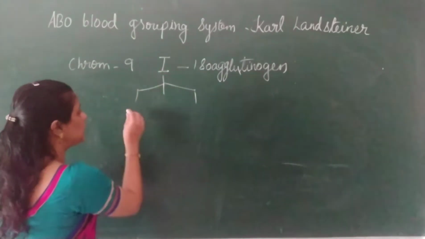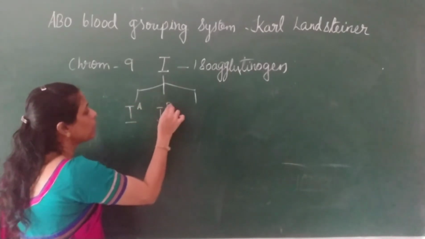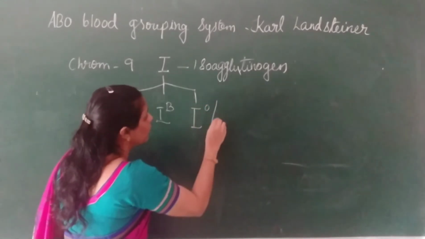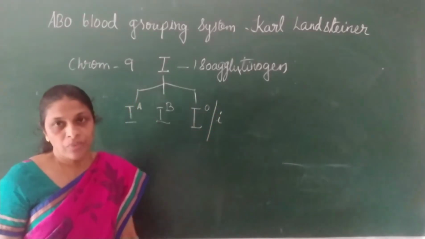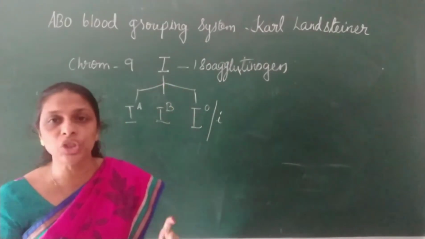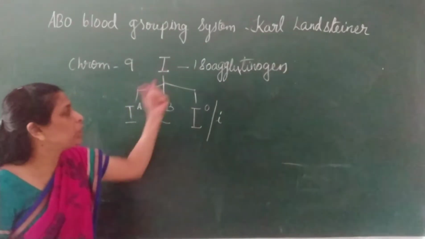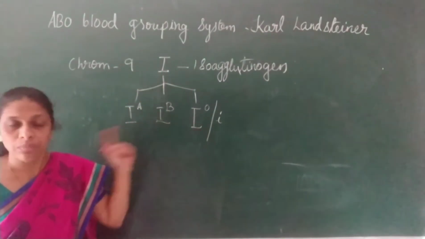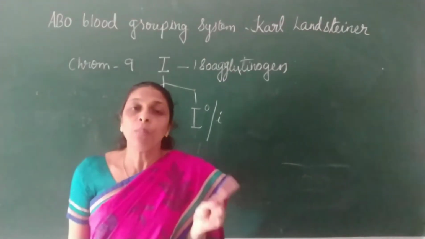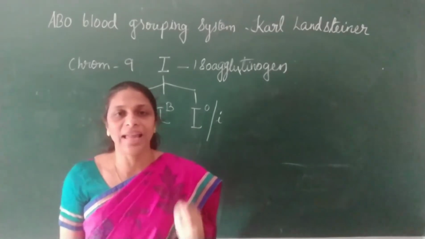The I gene has 3 alleles, that is IA, IB and IO, which can also be written as small letter i. These are the 3 different alleles of this gene, the capital letter I. Those genes which have more than 2 alleles are called multiple alleles.